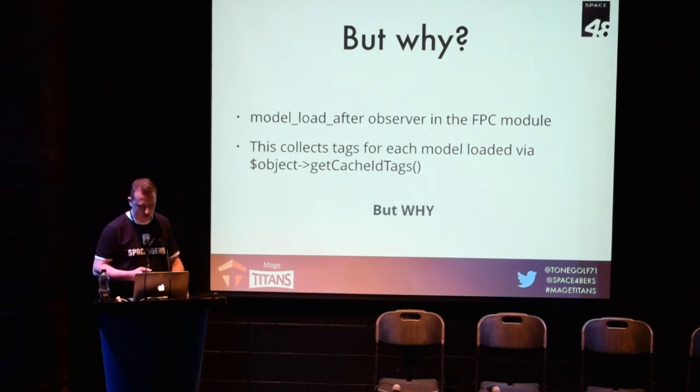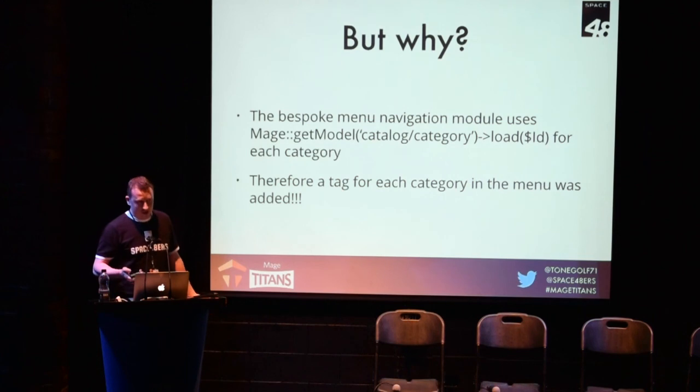So it's good. But why is it causing us a problem in this case? Digging into the bespoke module that was there, we could see that for each top level category, it was actually doing a full category load, which is a bad thing anyway, because that's bad for performance. But that meant, because each category model was doing a full load, it was adding the cache tags in. So that's a bad thing.